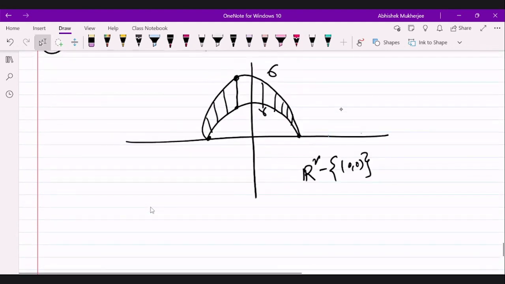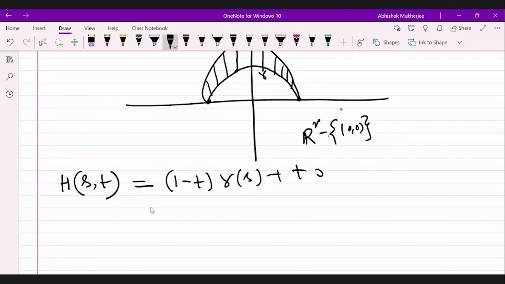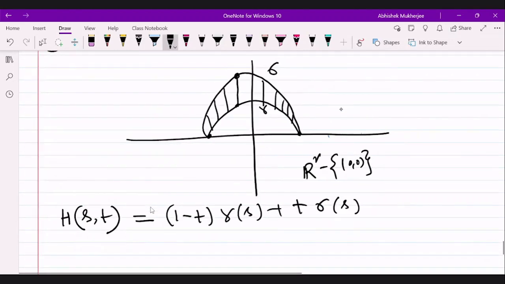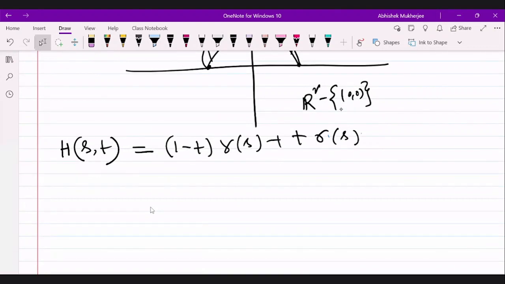So this is the homotopy, suppose it is H(S,T), so you can take it as (1 minus T) gamma S plus T sigma S, right? You are just taking the line segment joining the points. In this way, you can say that these two paths are homotopic, and this is a path homotopy, right?